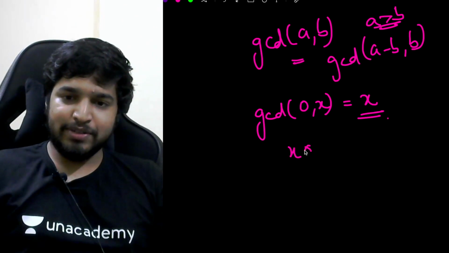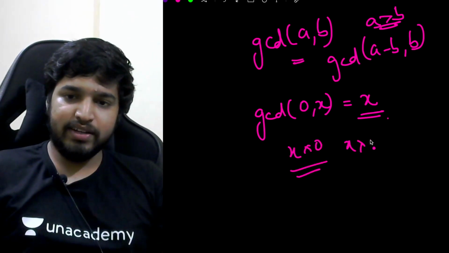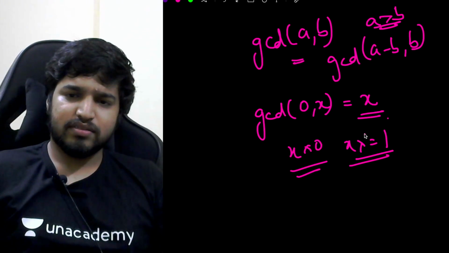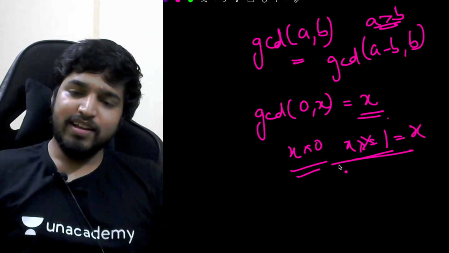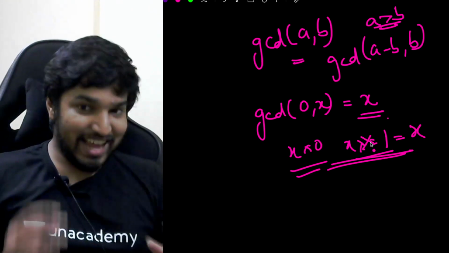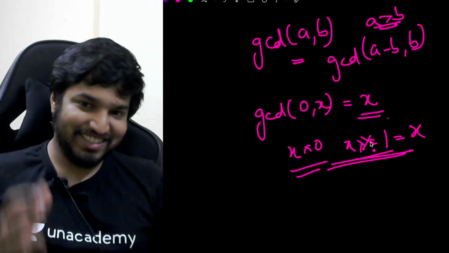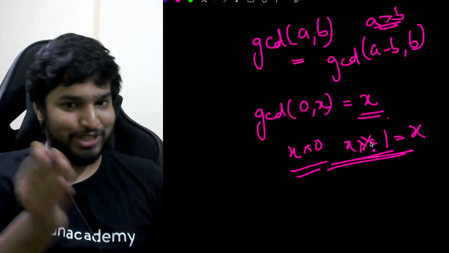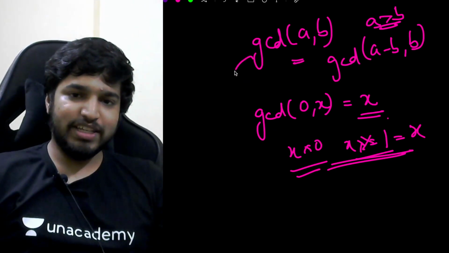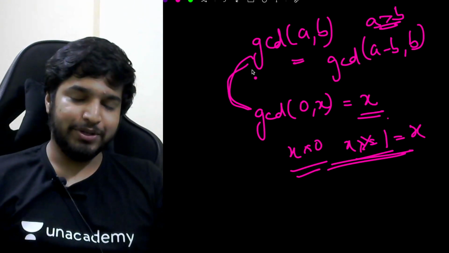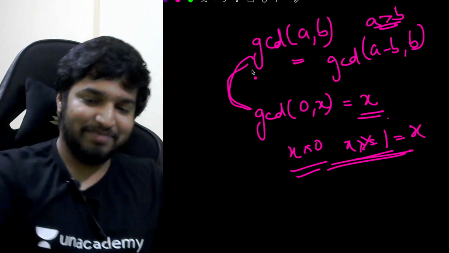Because X into 0 equals 0 and X into 1 equals X. So X is the largest integer which divides both 0 and X. Got it? So we are using these two axioms, these two rules, to compute the GCD quickly.